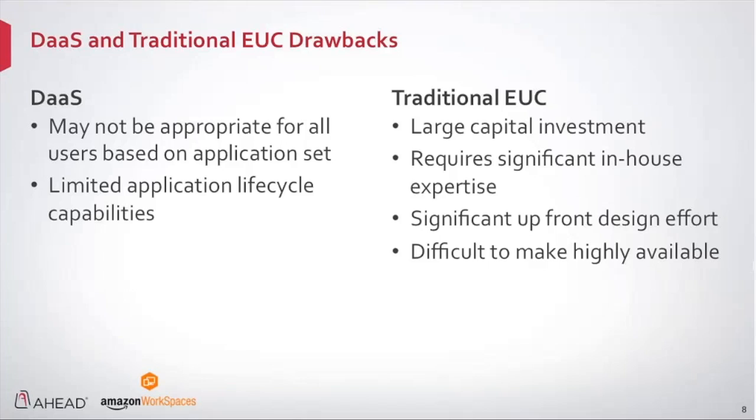Now, that can be accomplished, but comparing that to what DaaS offers, uptime and SLAs from Amazon and WorkSpaces are much more robust and much easier. It's something that you don't necessarily have to think about. You're putting the onus on Amazon to provide that environment and that solution. So hopefully that gives you an understanding of the benefits and drawbacks when we compare DaaS solutions to traditional EUC.